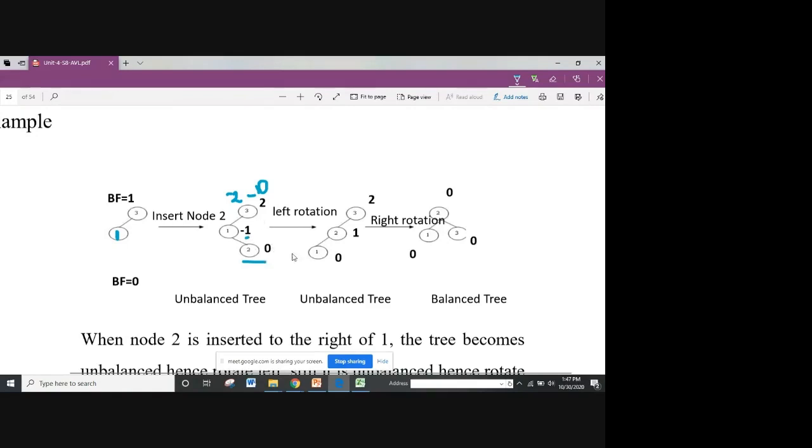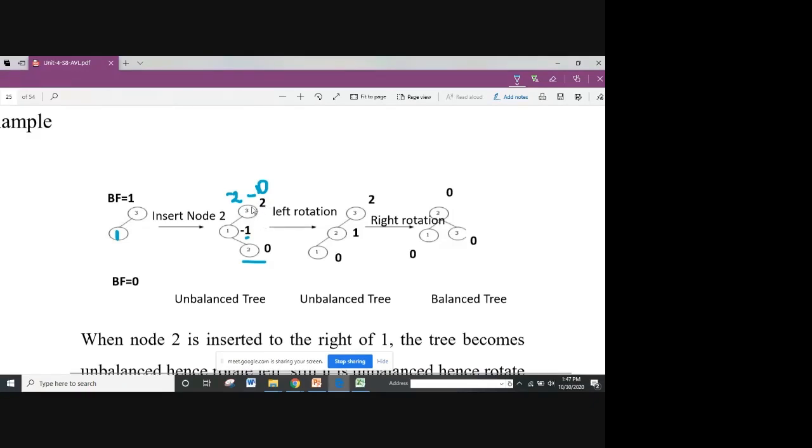So now it is unbalanced. I found that 3 and 1 are the unbalanced ones. First, what I will do is some left rotation. You can ask, ma'am, without this, shall we do left rotation of this directly? When you rotate 3 and 1, will you get the answer correctly? It will go wrong by procedure.